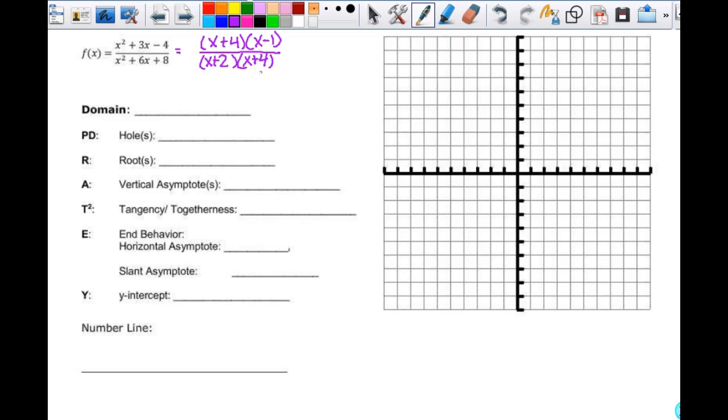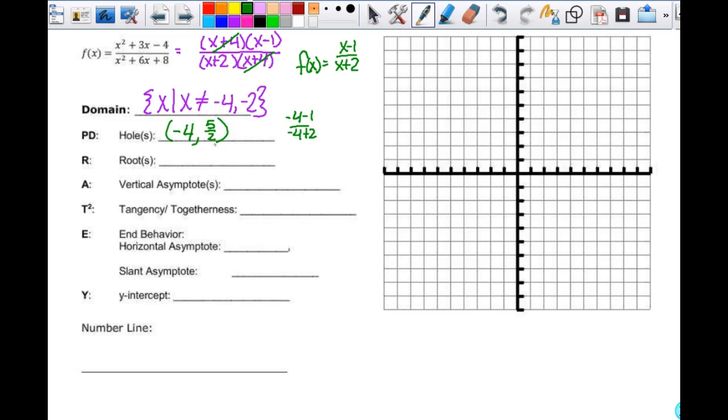All right, so my domain is the set of all x's such that x cannot equal -4 or -2. Then I simplify, right? Those cancel out, which means I have a hole with an x value of -4. My reduced function is f of x equals x minus 1 over x plus 2. So then I substitute in the -4 right here, so it's -4 minus 1 over -4 plus 2. So that's -5 over -2, which is a positive 5 halves.